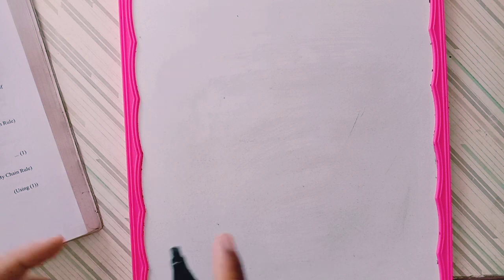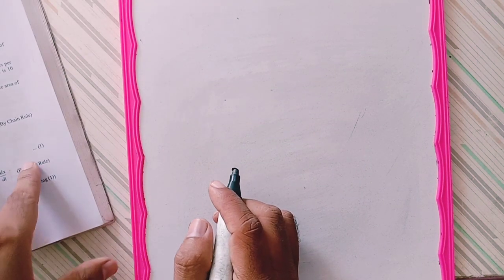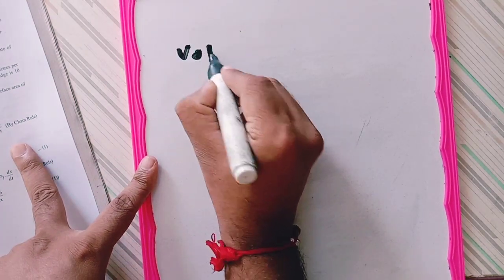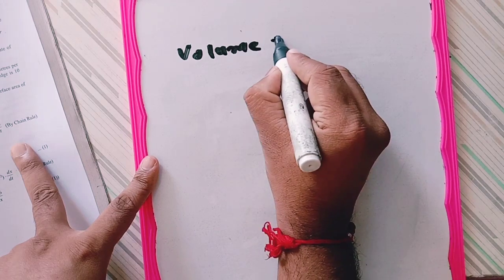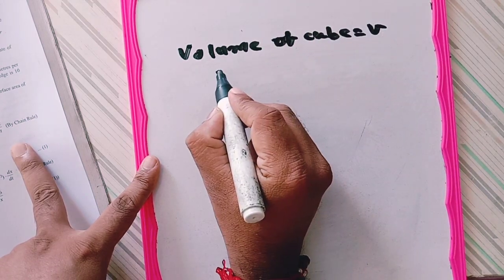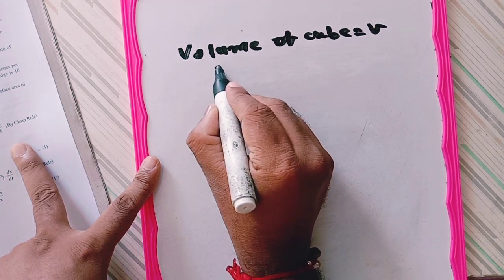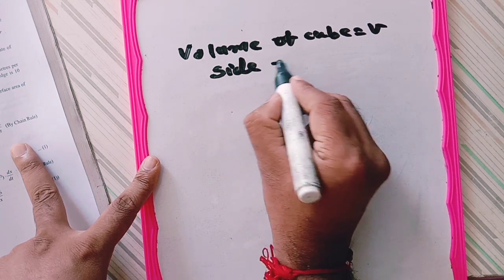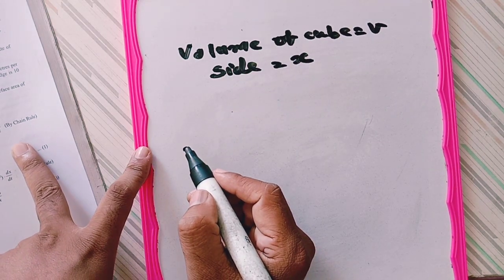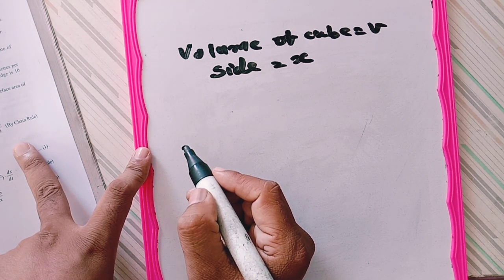Now we are given that the volume of a cube is increasing at the rate of 9 cubic centimeters per second. We take the volume of the cube as V and the side length as x. The question is how fast the surface area is increasing when the length of the edge is 10 centimeter.